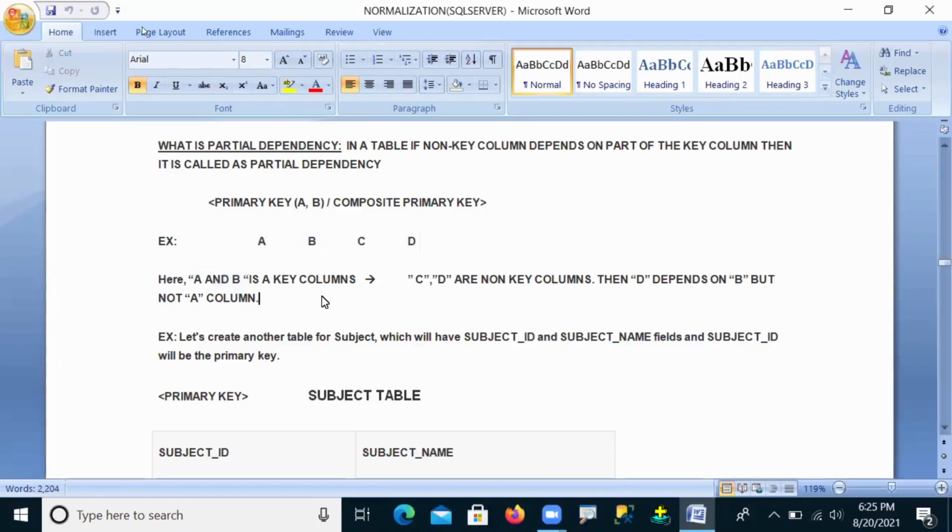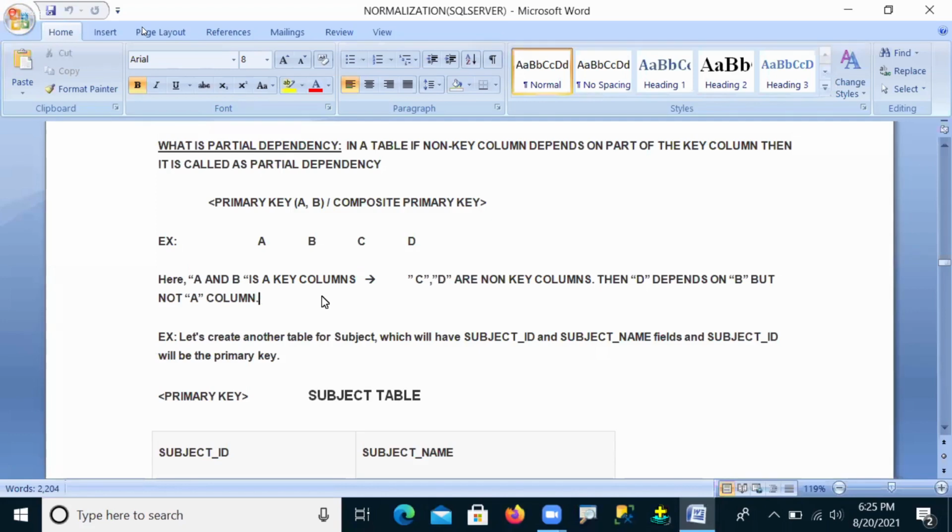For example, simply if you want to understand fully dependency and partial dependency, take a simple example. Suppose children are there. When children depend on father and mother, both are there, and on both we depend here, then it is called a fully dependency.